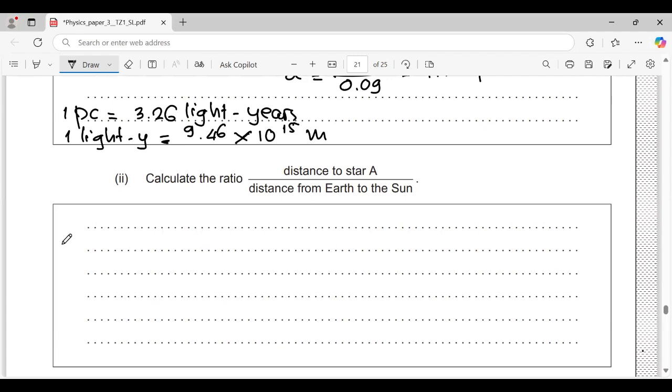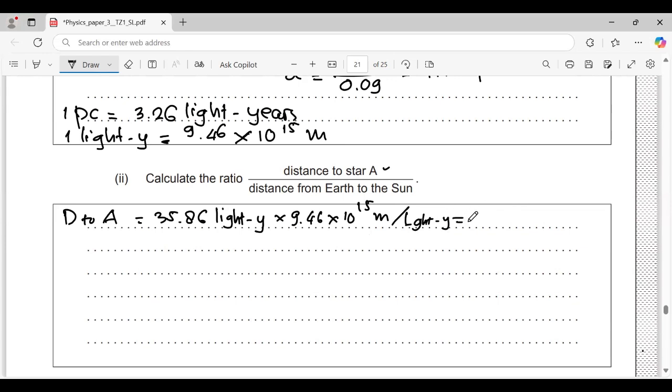All right. Distance to star A is 35.86 light years. Okay. So we are going to convert 35.86 light years into meters. So it means we have to multiply by this one light year, 10 power 15 meters.